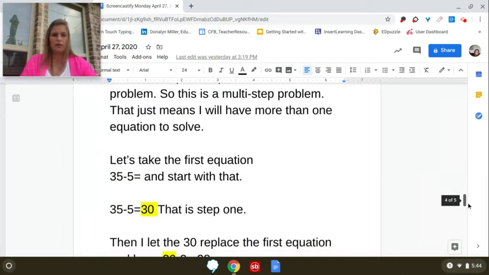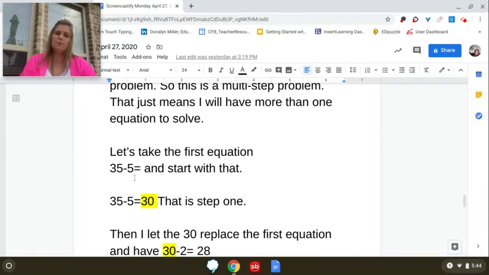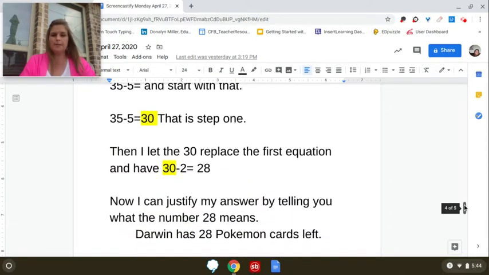So we're going to go down here and have 35 minus 5, and that's what I start with. So 35 minus 5 we know is 30. That's the first step. Then the second step is I take that 30 and I replace that first equation. That first equation, remember, was 35 minus 5. So now I have 30 minus 2, which gives me 28.